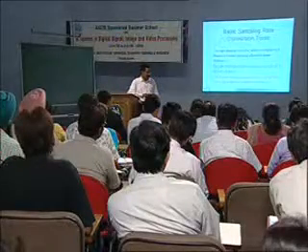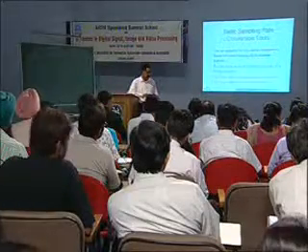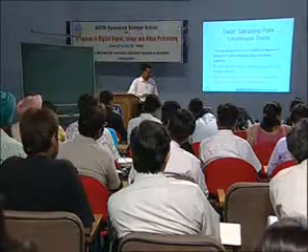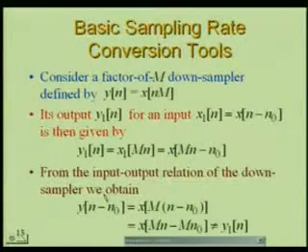We illustrate the time varying property of a downsampler. The time varying property of an upsampler can be proved in a similar manner. First, we illustrate the time varying property of a downsampler. Let us consider a factor of M for downsampling.